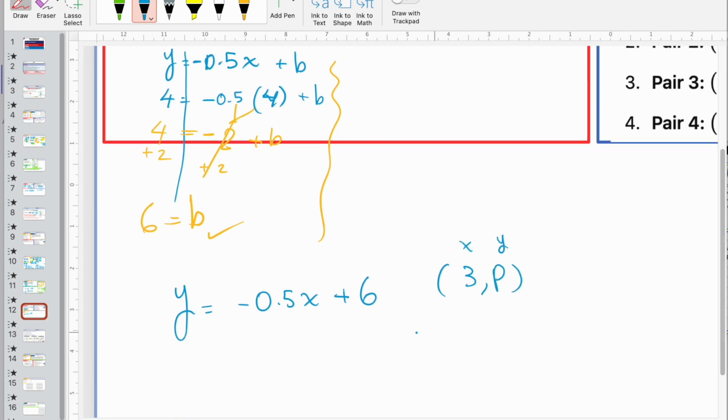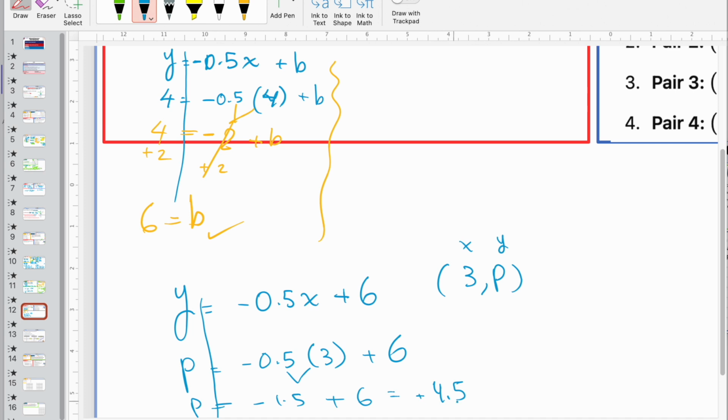Substitute. So y is p, equals negative 0.5 times x, which is 3, plus 6. Solve. 0.5 times 3 is basically negative 1.5, plus 6. So p equals, different signs subtract, 4.5 positive. This is p.